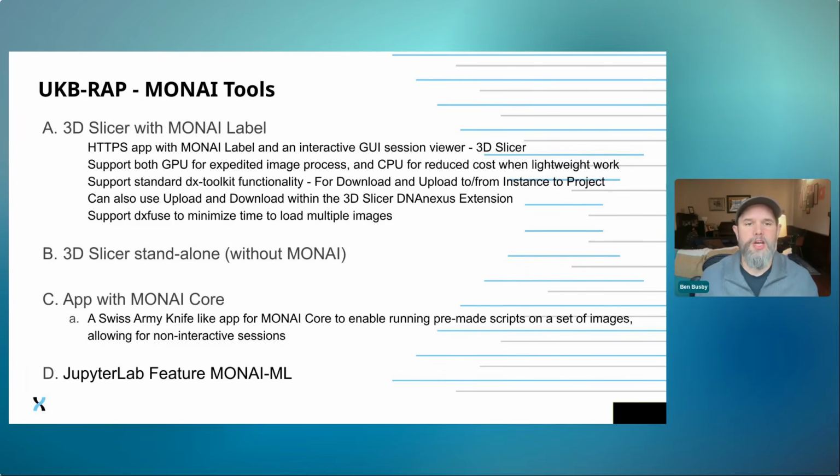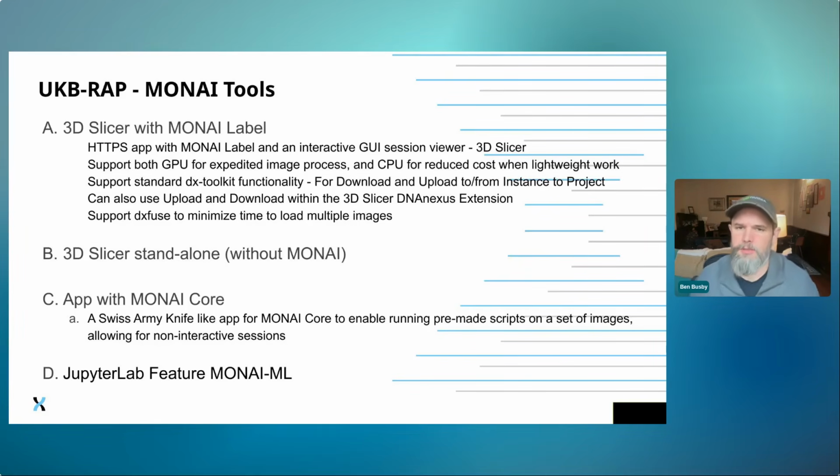So we'll talk a little bit about 3D Slicer with Monai Label, and then there's even a 3D Slicer standalone on the RAP. There's really a Swiss Army knife now for Monai Core, which I think is really cool.